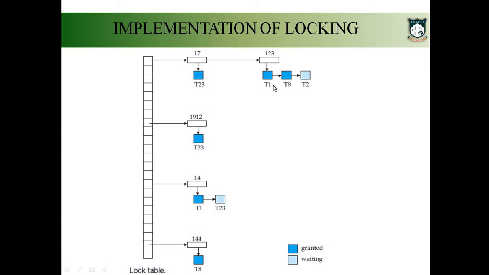So this is how the locking concept has been implemented. Whenever we make a transaction wait, we have to ensure that it does not lead to starvation. Starvation means a situation where a transaction has been made to wait for a long time.